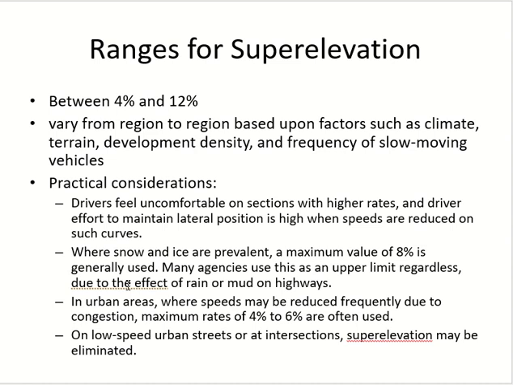Some practical considerations. The first thing, which I already mentioned for the vertical curves, is the comfort of the driver. If you give too high superelevation, none of these problems is there. The area is open, there are no slow moving vehicles, the terrain is fine, and so on. So you give higher superelevation, but this higher superelevation looks uncomfortable for the driver. You may have seen it happen, and you may be doing it as well.